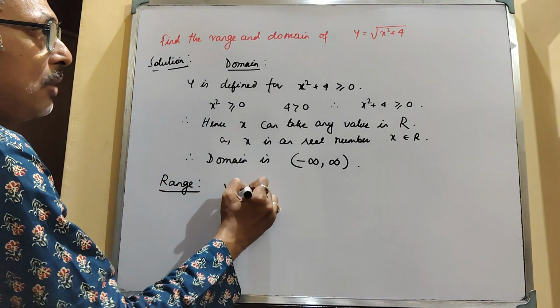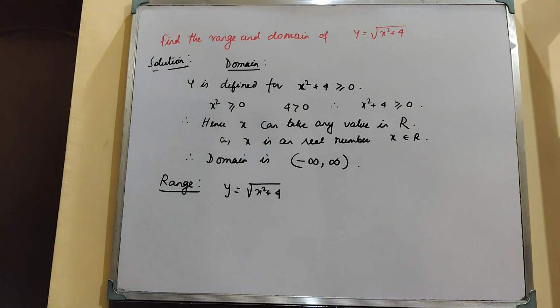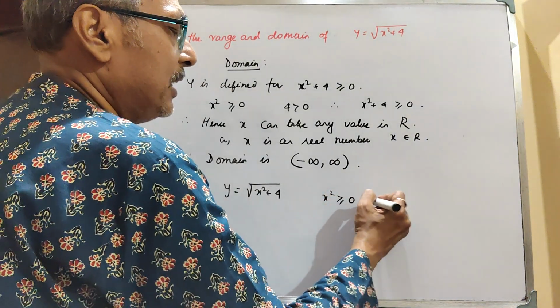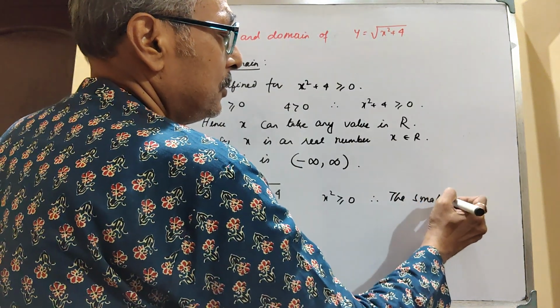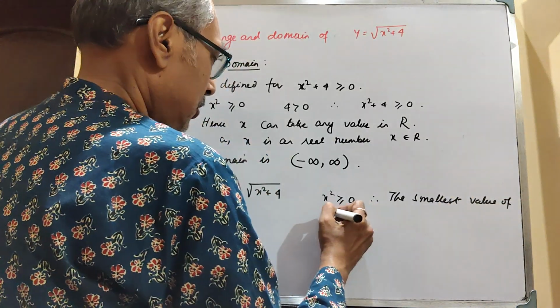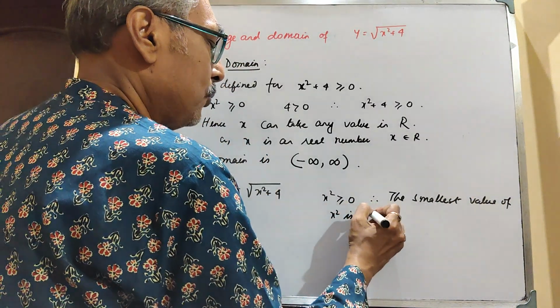y equals under root x square plus 4. The smallest value of x square is 0, since x square is greater than or equal to 0.